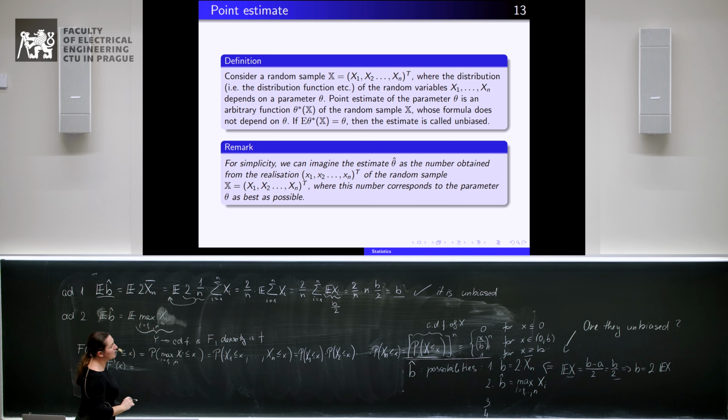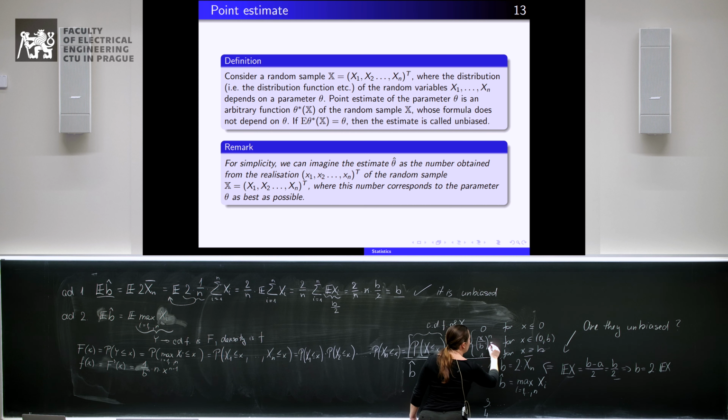So it is, in our case, 1 over b to the n times n times x to the n minus 1. And we can write it as n times x to the n minus 1 over b to the n.